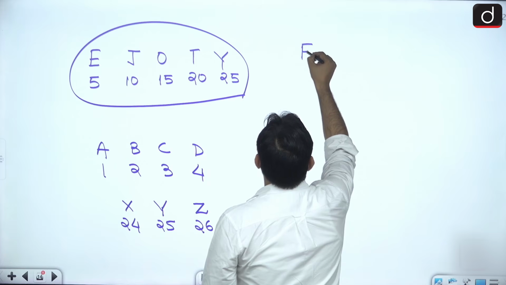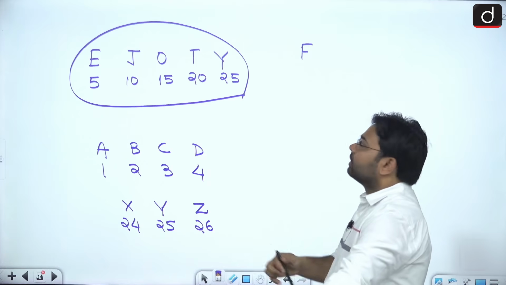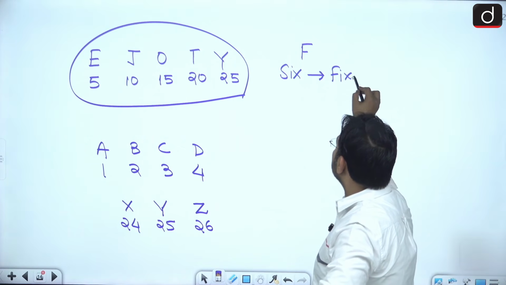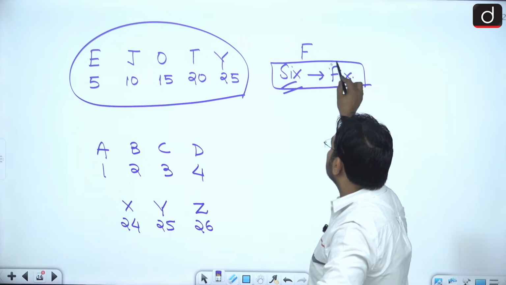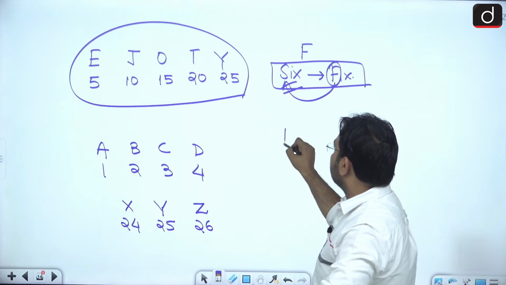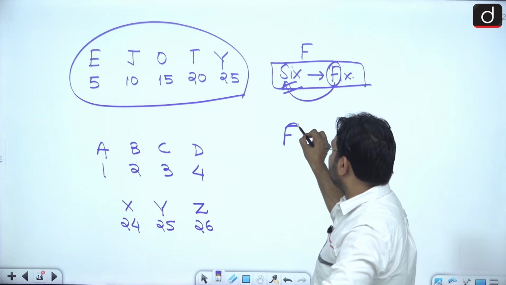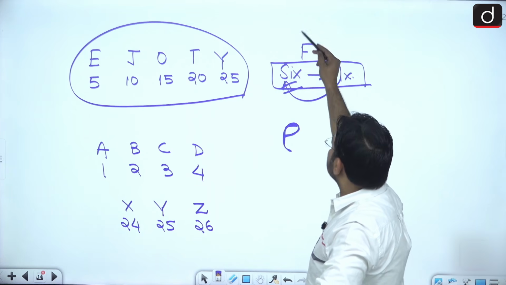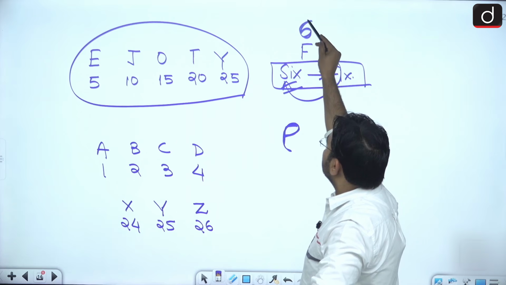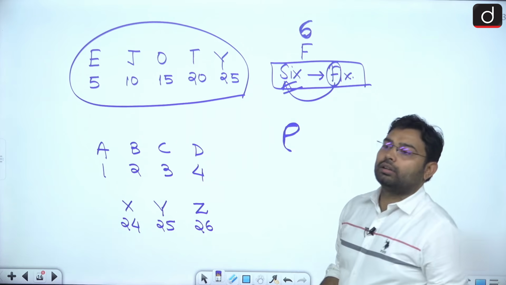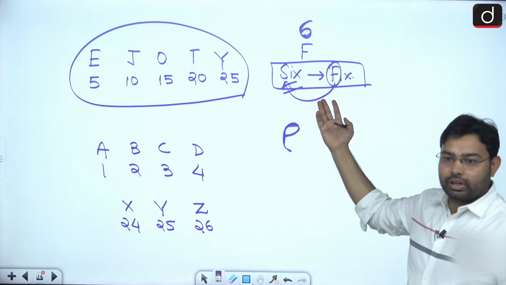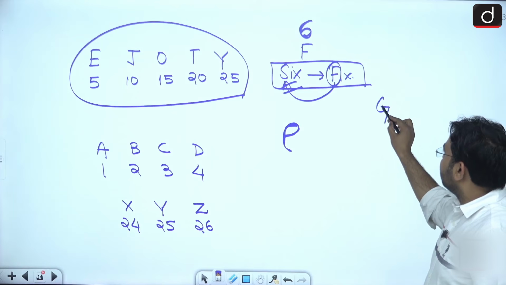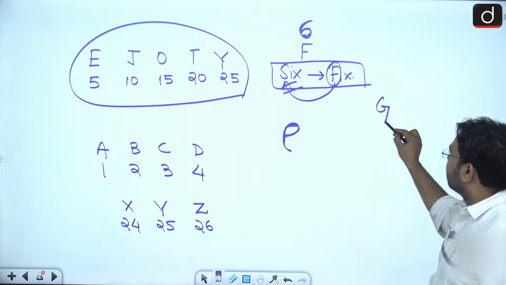This is F. You can remember this: this is 6. Repeat 2 times. Or isn't this the image of 6? Got it? Then G. In G you can see the 7.